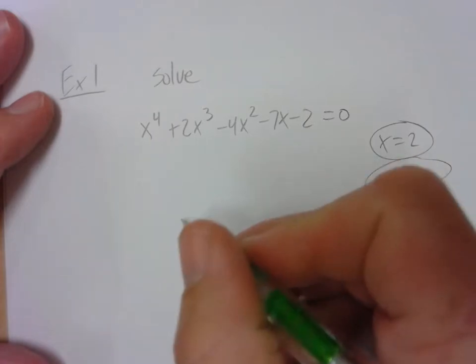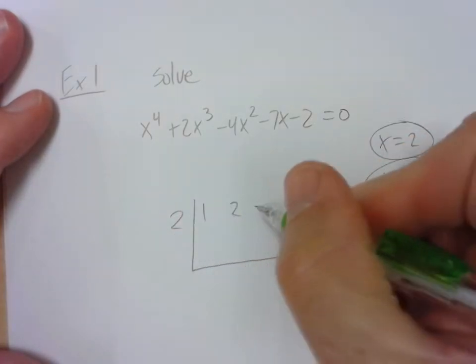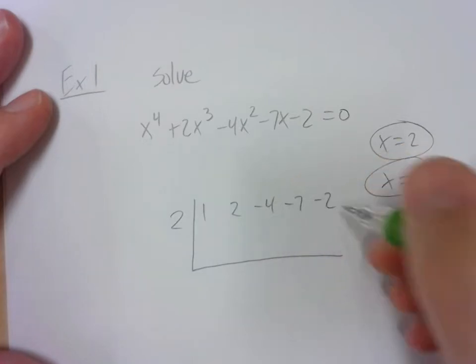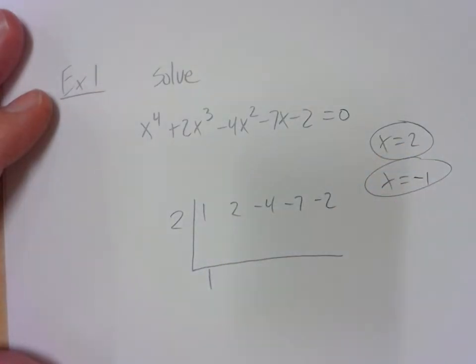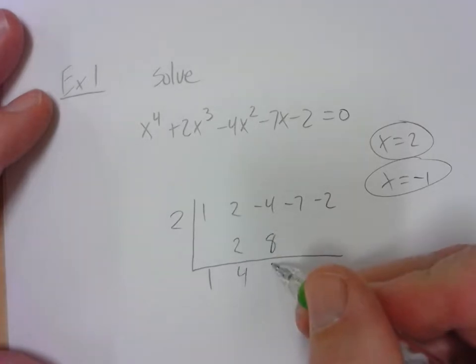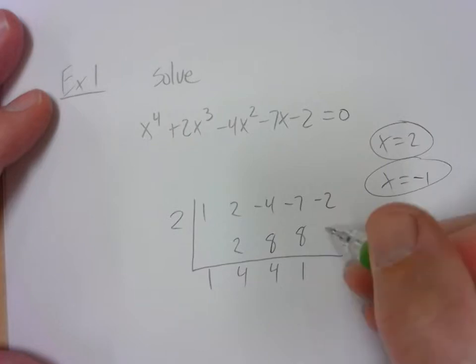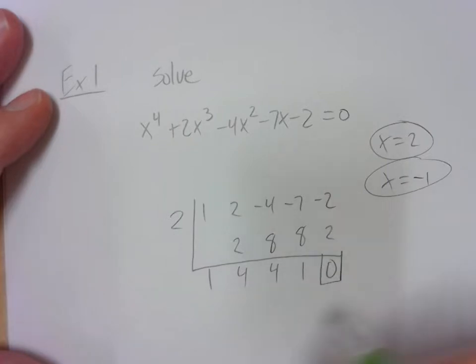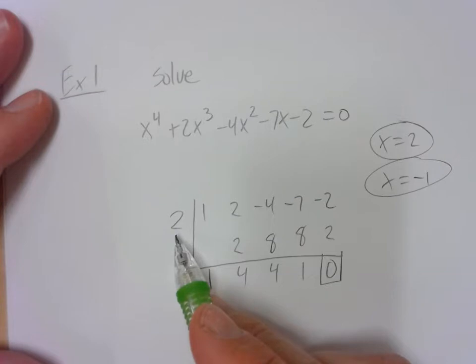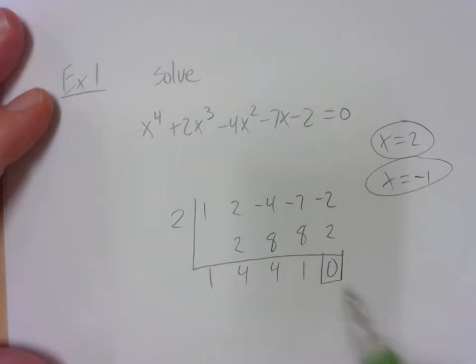So 2, I'm going to pick that first, do my synthetic division, 1, 2, -4, -7, -2. We drop, we multiply, we add, we multiply, we add, we multiply, we add, we multiply, and we get 0. So we know that this is a factor, because it's a solution, because it gives me a 0.